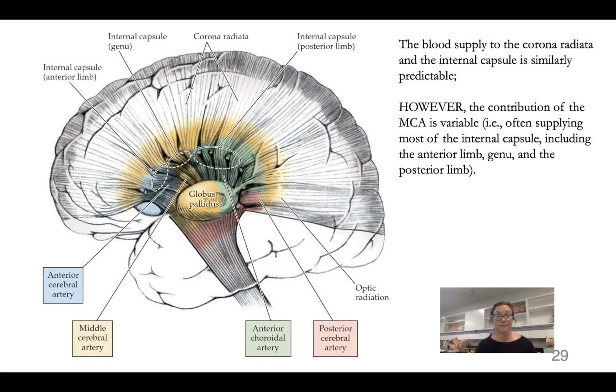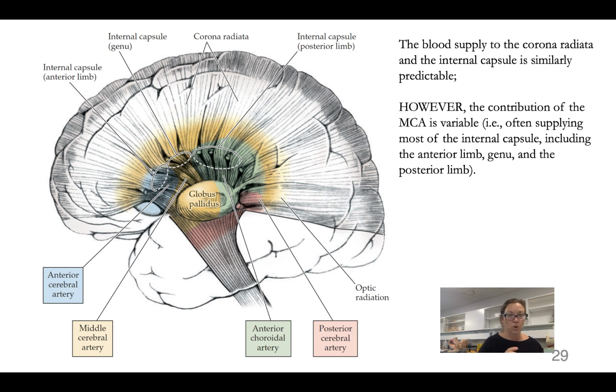The blood supply to the internal capsule and the corona radiata is even more muddy. So I do want you to know that the corona radiata is located here superiorly, and in this dissection you can see these tight collections of axons as they coalesce or converge into the internal capsule. Now, the MCA supplies a lot of this territory, and there's inter-individual variability in the consequences of MCA stroke for this reason.